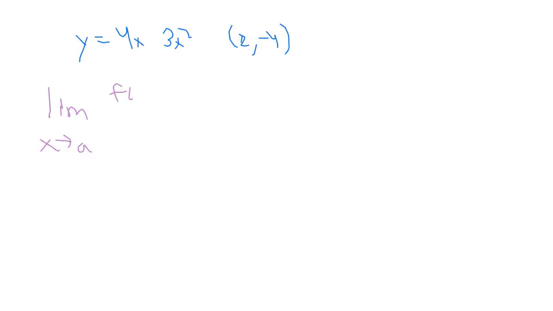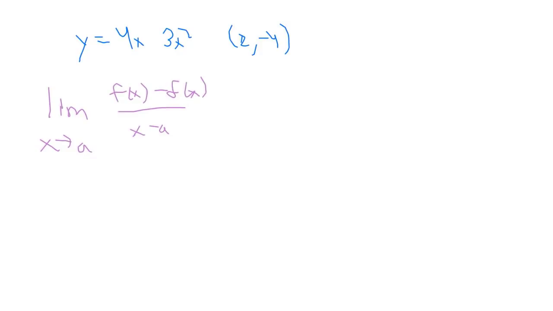Okay, sorry. So we have y equals 4x minus 3x squared, and we also have the point 2, negative 4. And what happens is you get the limit as x approaches a of f of x minus f of a over x minus a.